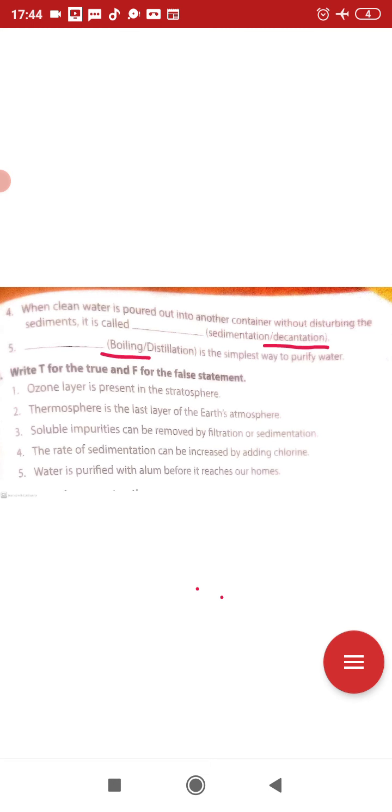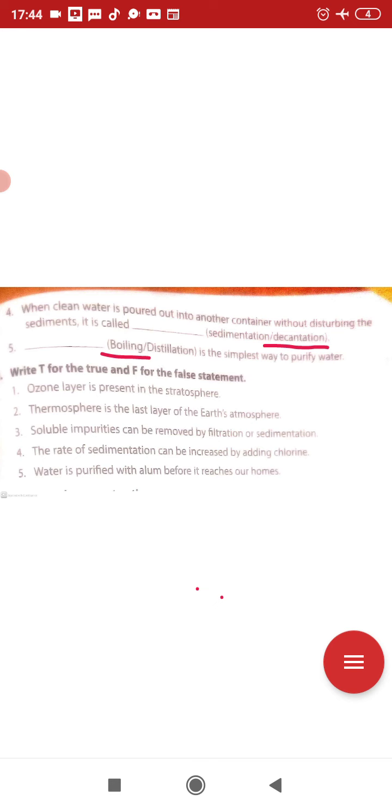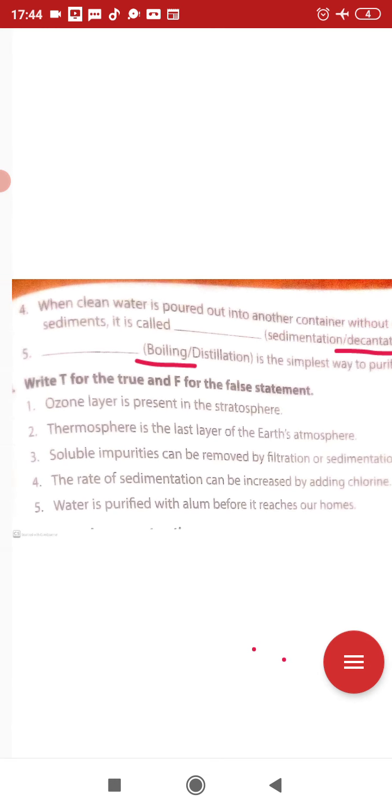Now Exercise A2. Write capital T for true and capital F for false statements. Read the statement. The first statement is: ozone layer is present in stratosphere. I have explained what the ozone layer is. The ozone layer is made up of ozone gas, which is slightly bluish in color. The ozone gas is an allotrope of oxygen.